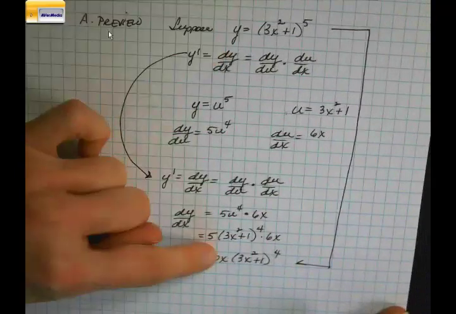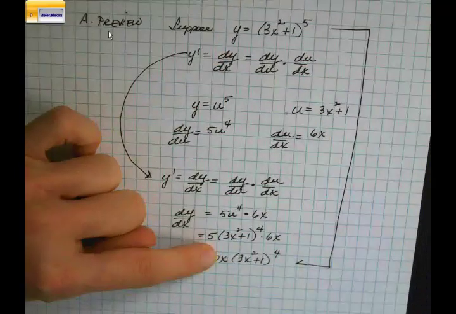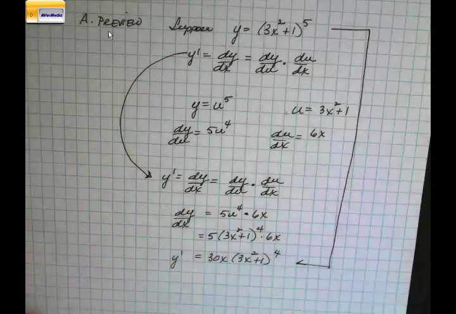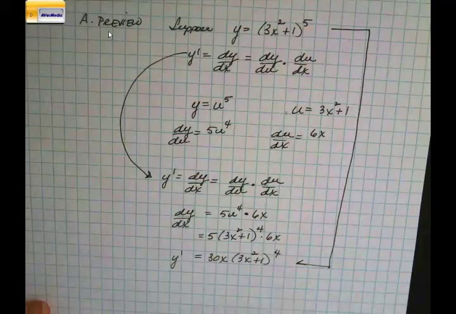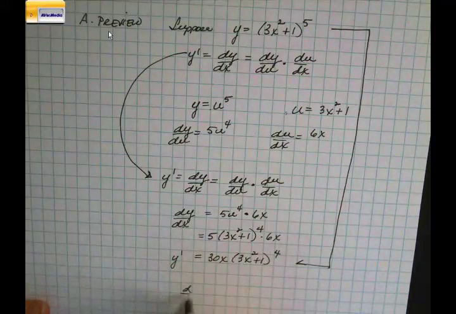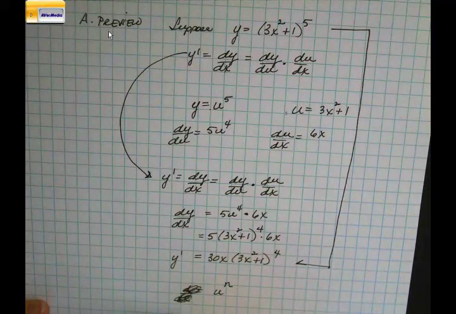Now the shortcut is, and I'm going to show you the shortcut. I'm going to write it real quickly, and then maybe you can see how it works. If you have d dx, and we've already seen a little bit of this, of u to the nth power, then this, how did I do that? I didn't write that right. Hold on, let me rewrite. I got the notation wrong.